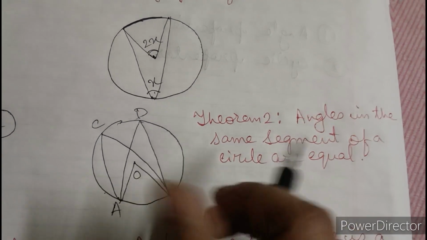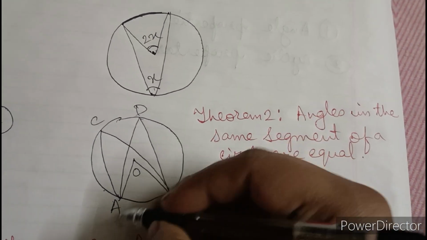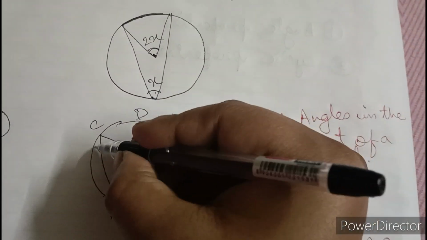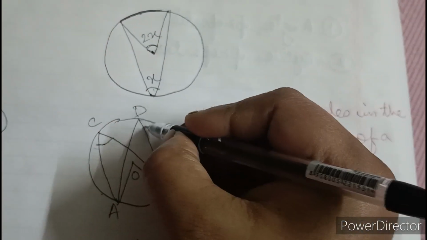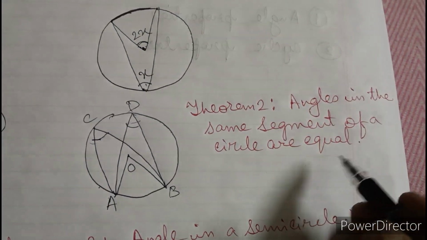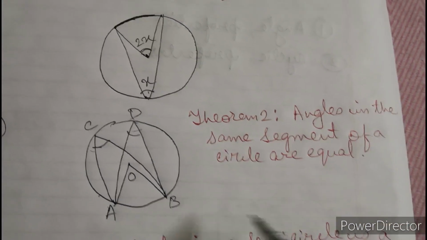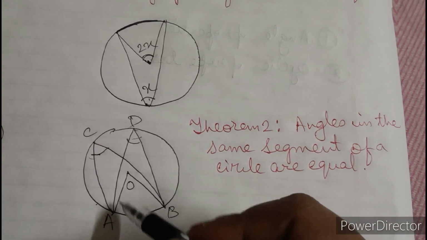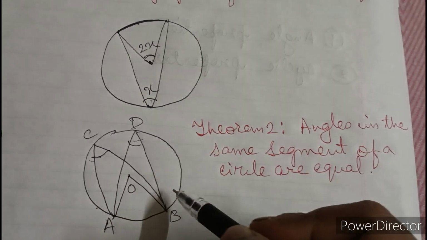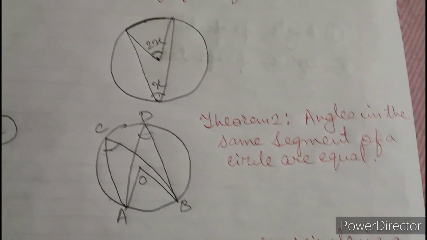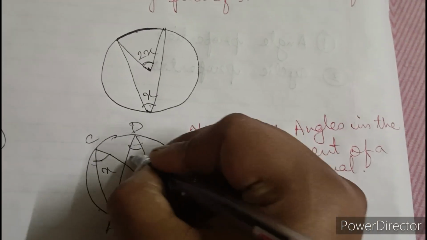If we consider this part of the segment, ACB will be equal to ADB. These two angles are angles in the same segment, isn't it? So angles in the same segment are equal. Here the angles in the same segment on AB are ACB and ADB. So they are in the same segment of the circle, so they are equal. If this is x, then this will be x.